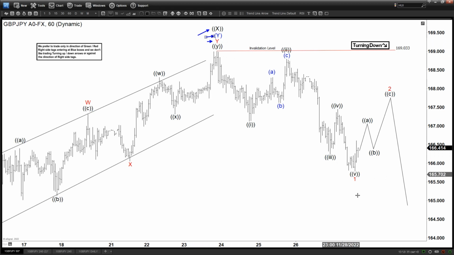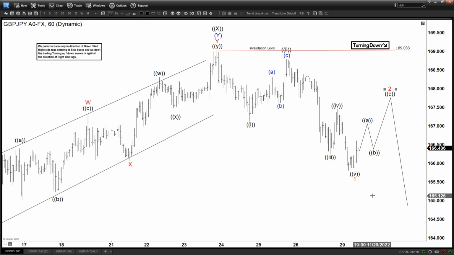So because the structure is corrective, then that means after we finish 1, 2, 3, 4, 5 in red, that should be ending A in blue. Then we should be getting B, right, to correct on the 5 ways down before another leg down again in the C leg to finish the Y in black, right? So that is the idea right now, but let's focus on the shorter cycle.